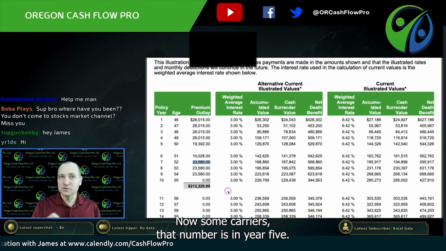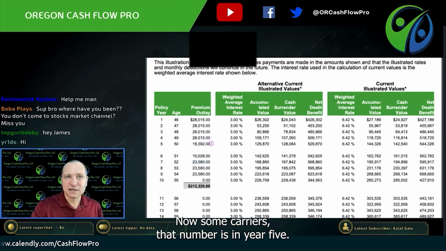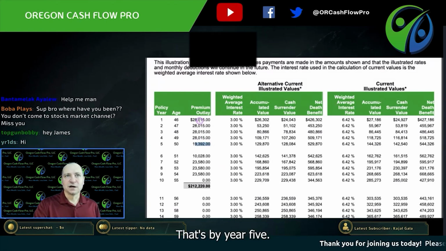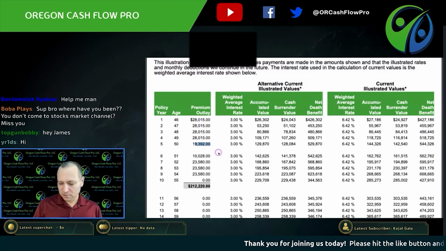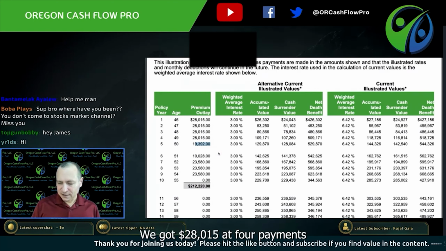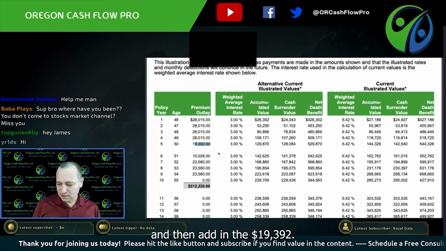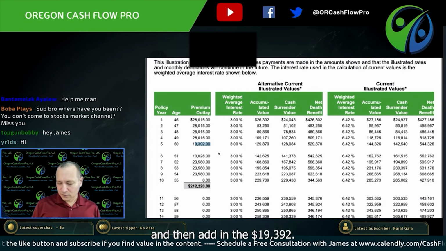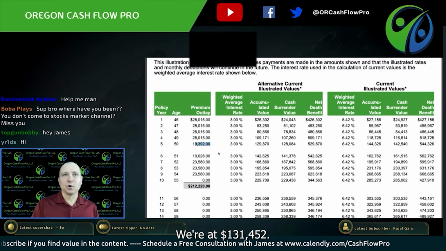Now, some carriers, that number is in year 5. In fact, I usually encounter that in most carriers. That's by year 5. Let me see what those numbers are. We got 28,015 at 4 payments, and then add in the 19,392. We're at 131,452.